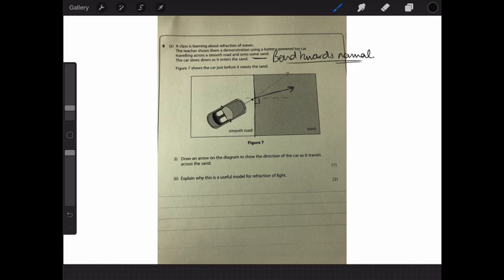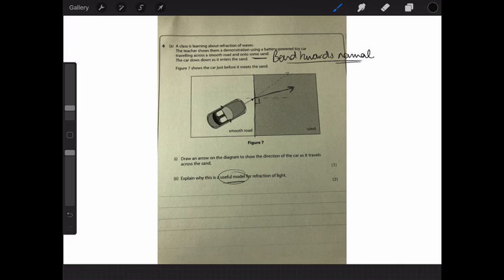Now, explaining why this is a useful model for refraction. Well, the wheels on the car are representing the side of each beam of the light. Light slows down when it enters glass, just like the car is slowing down when it enters the sand. So that's a good model. But it's more than that, because light would refract because one side of the light is slowing down before the other side, and therefore it bends towards the normal.